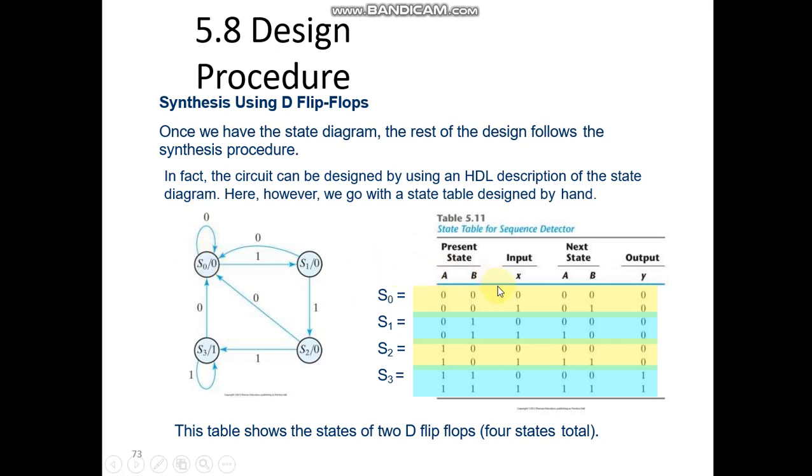If it is 1, it goes to S1. In S1, if the input is 0 it stays in the same state, otherwise if it is 1 it goes to the next state. So like that you have to define it. This is the D flip-flop.